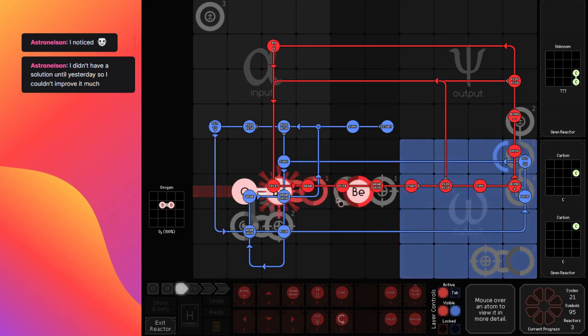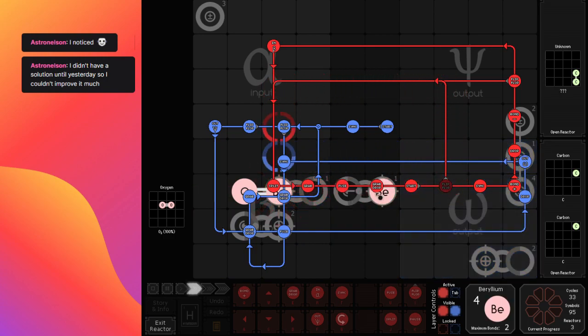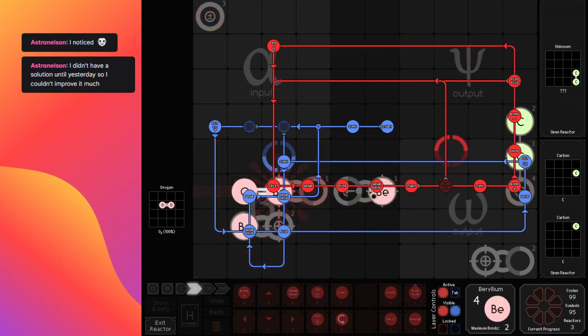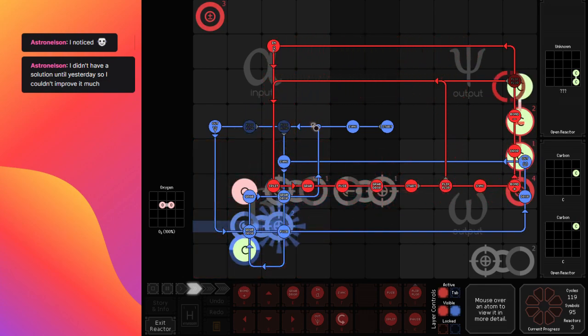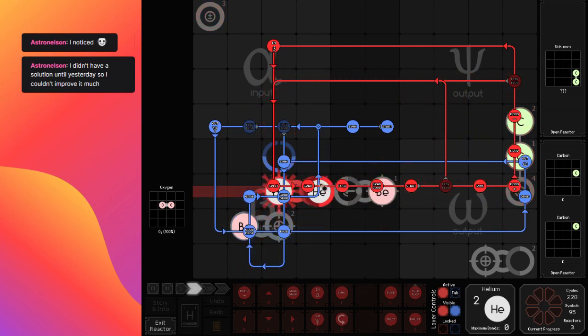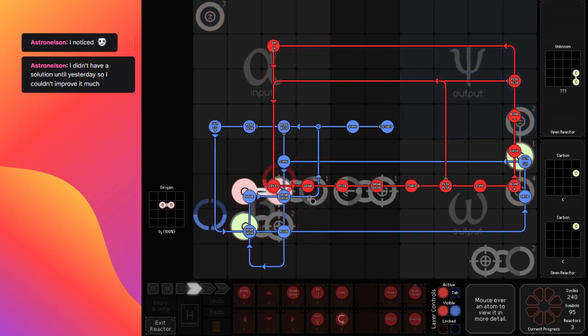Alrighty. We've got this. And that is a carbon. And another carbon. And that is a 3-count flip-flop to output more carbon. Yeah, so red splits twice, which will get you 4 plus 2, which is a carbon.